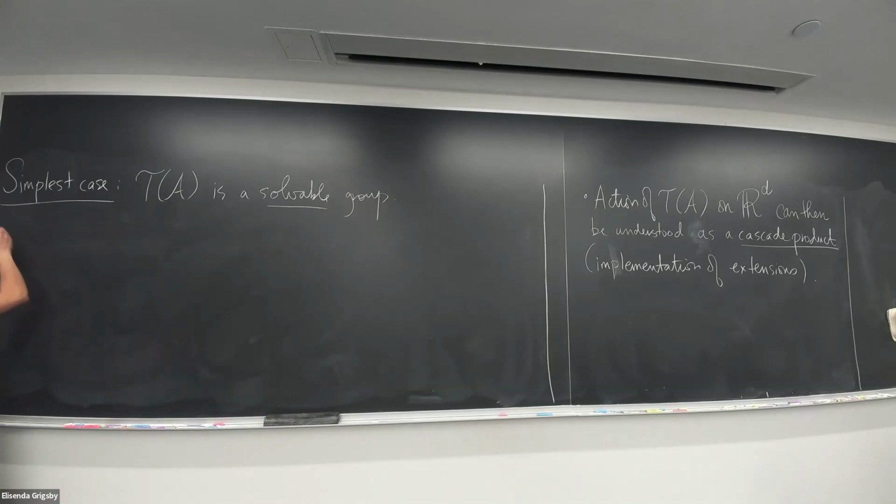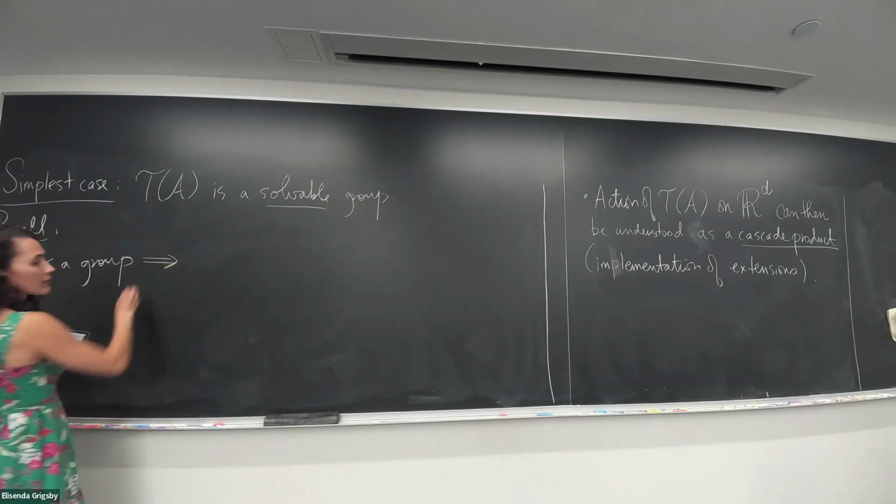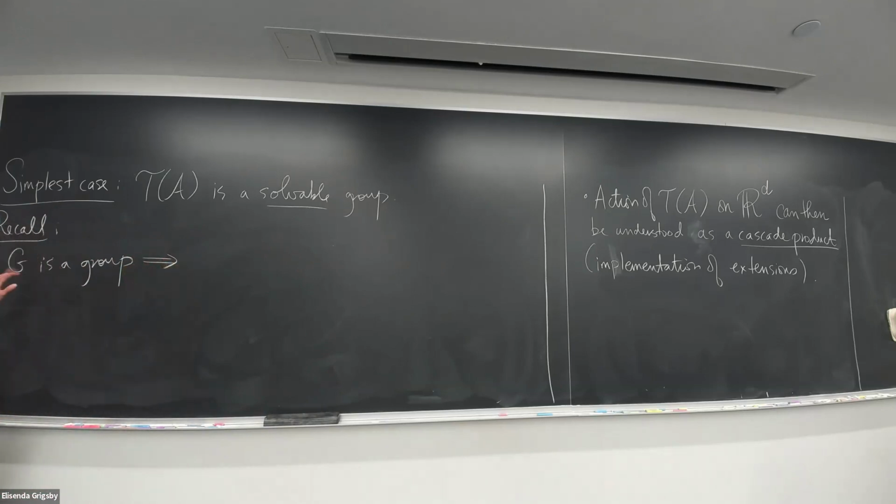So let me just recall. G is a group. So not only do you have this binary operation, but you have inverses. So in particular, the functions in your transformation semigroup are all permutations.